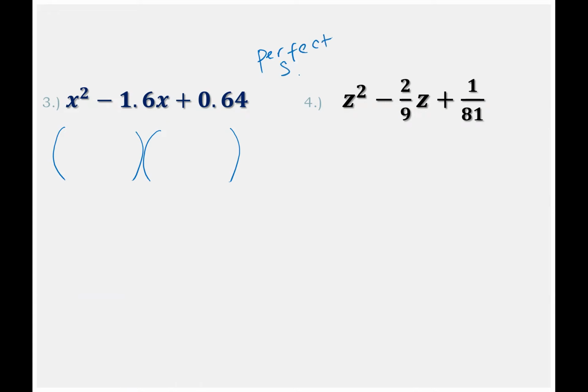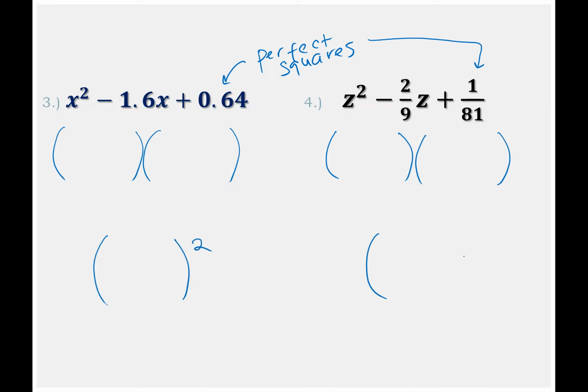So I want you to be on the lookout for perfect squares. What do I mean by that? Well, when you write your answer, there's a good likelihood that your answer will itself be a perfect square, meaning it'll be the same factor twice.